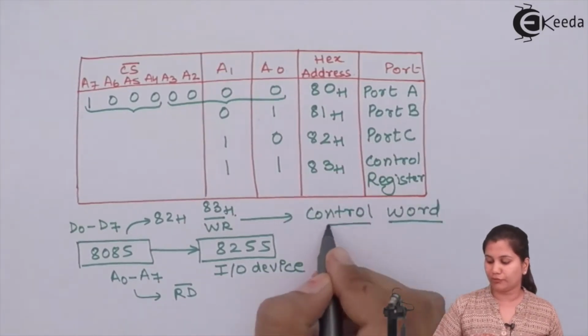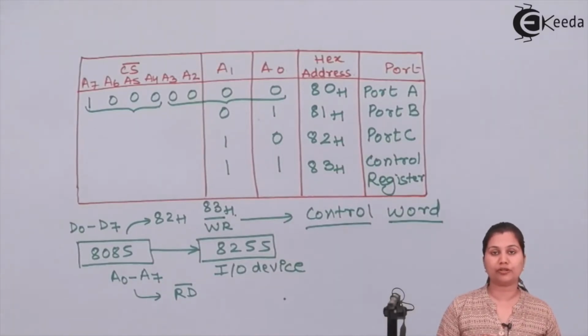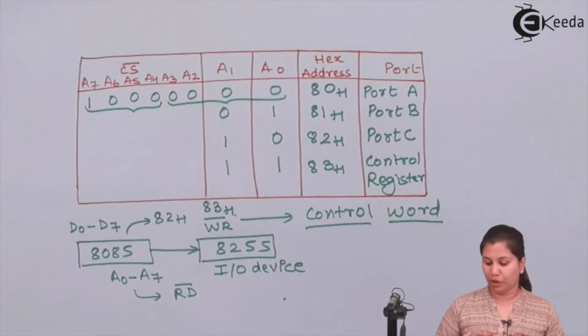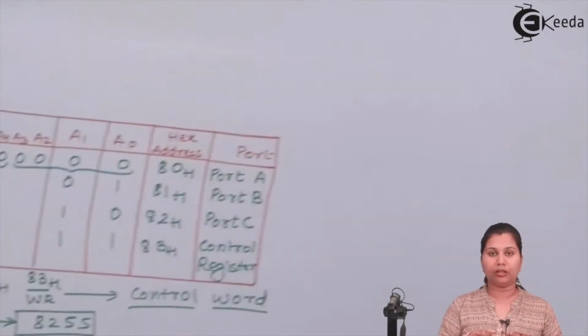That control word will decide in which mode the 8255 is going to work, that is, whether the input output mode or the bit set reset mode. So now let's come to the modes of the 8255, and in which mode how the 8255 is working.